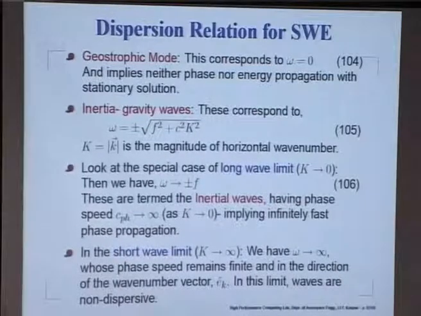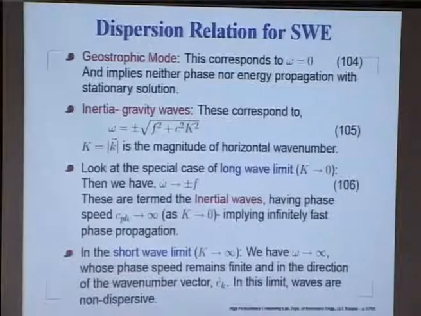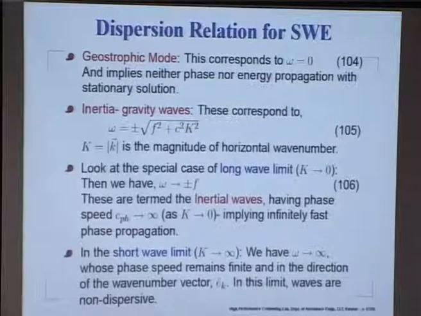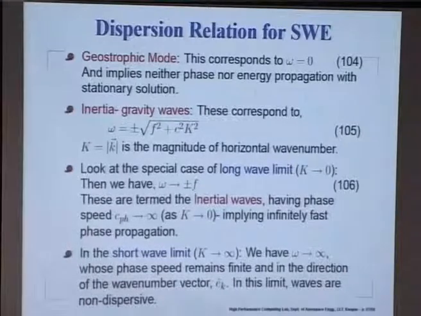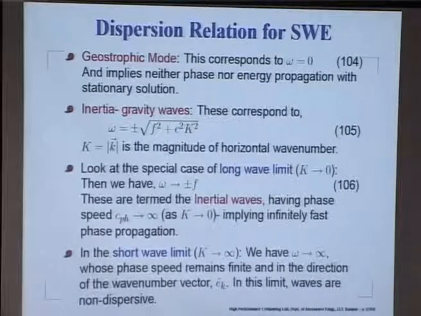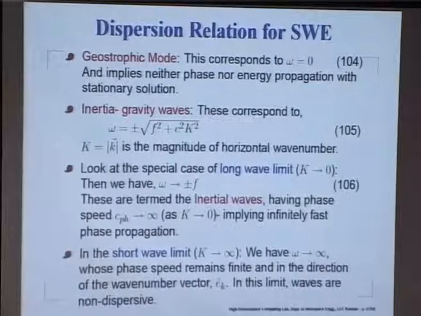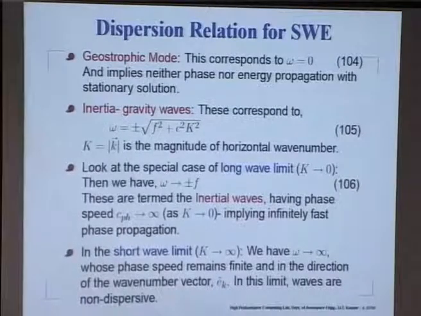So, if you are looking at explaining the solution obtained from the shallow water wave equation, the small K limit would be, those crests will be going at an infinitely fast speed, right. In contrast, if you look at the short wave limit, when capital K goes to infinity, then you can very clearly see from 105 that omega also will be infinitely large.